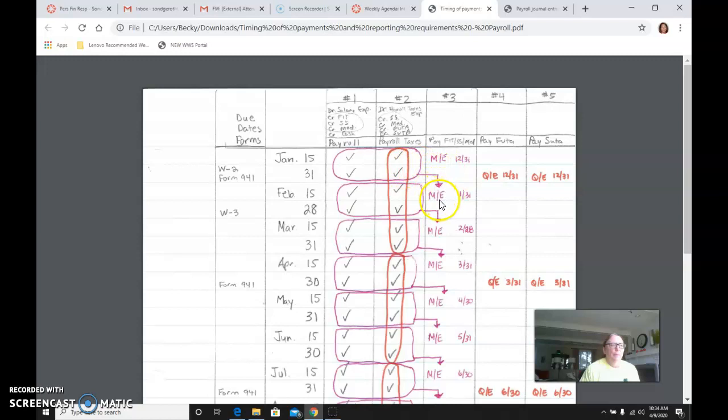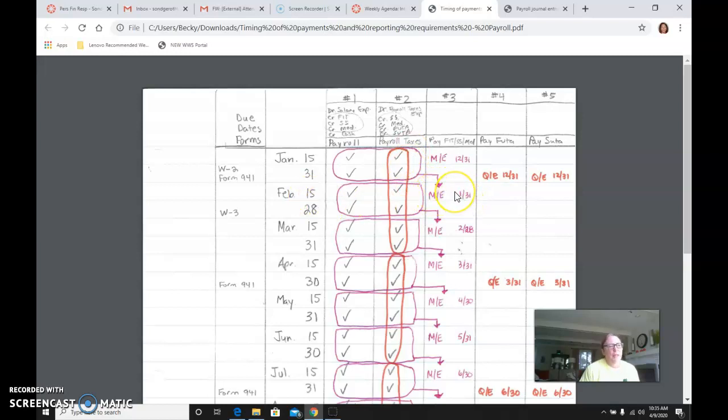Then for the month ended January 31st, I would be paying these, the 2 January 15th and 31st, all of the taxes related to them. So that FIT, that Social Security, that Medicare. For those 2 payrolls, I would pay it by February 15th.